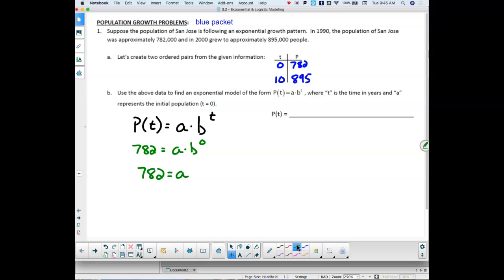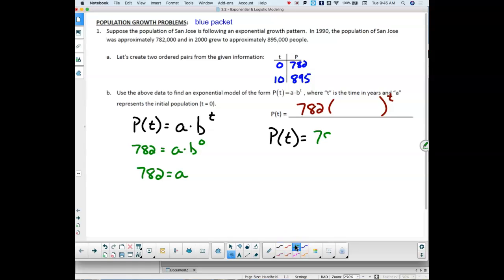Okay. So right off the start, I know that this function is going to be 782 times something to the t power. How do I go about finding b? I already did one point, so now I've got to plug in the other one. Okay? So again, I reset myself with P of t equals a times b to the t power, and a is 782.